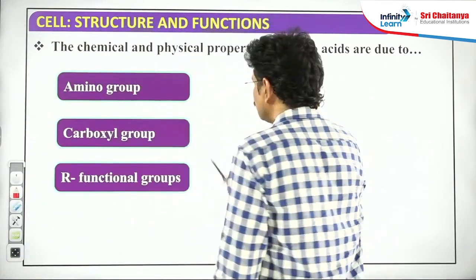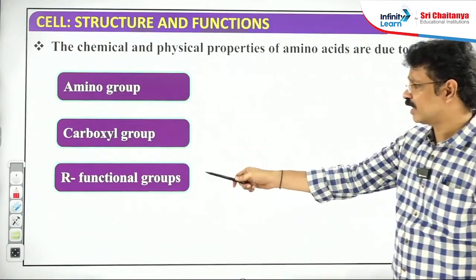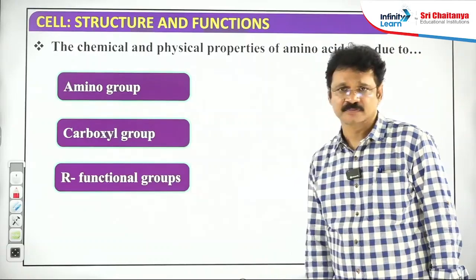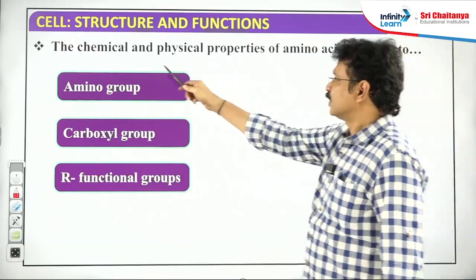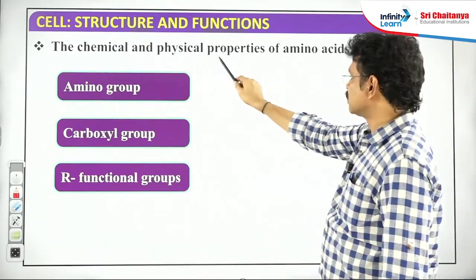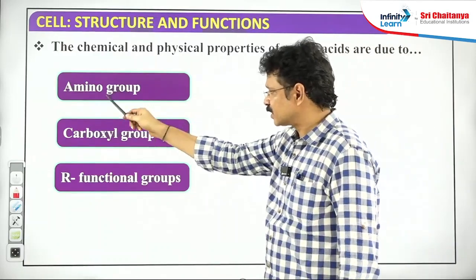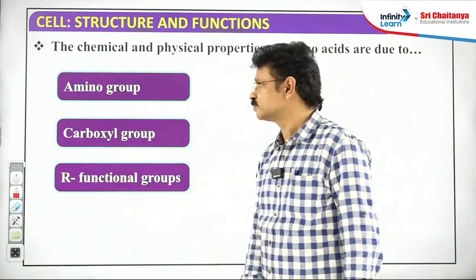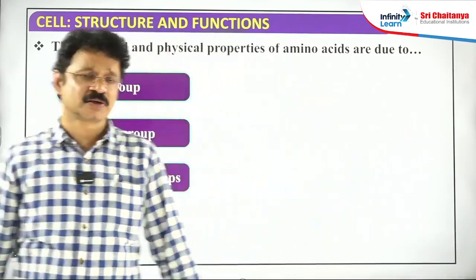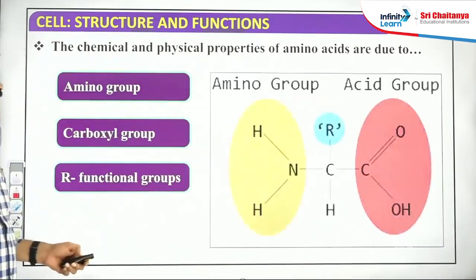What kind of group plays an important role in the type of amino acid? Only the functional group or alkyl group. But the chemical and physical properties of amino acids are decided by the 3 types of chemical groups: amino group, carboxylic group, and functional groups.